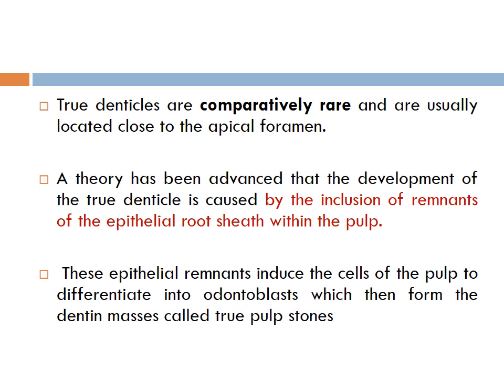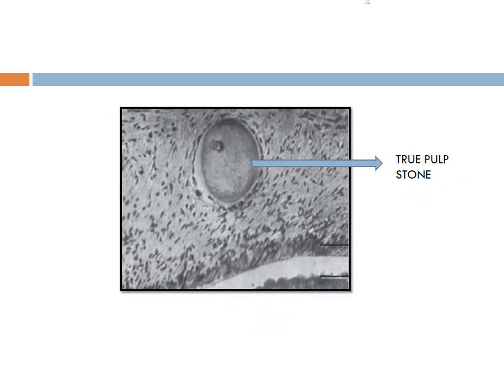A theory has been advanced that the development of the true denticle is caused by the inclusion of remnants of the epithelial root sheath within the pulp. These epithelial remnants induce the cells of the pulp to differentiate into odontoblasts, which then form the dentine masses called true pulp stones. Here you can see the true pulp stone.